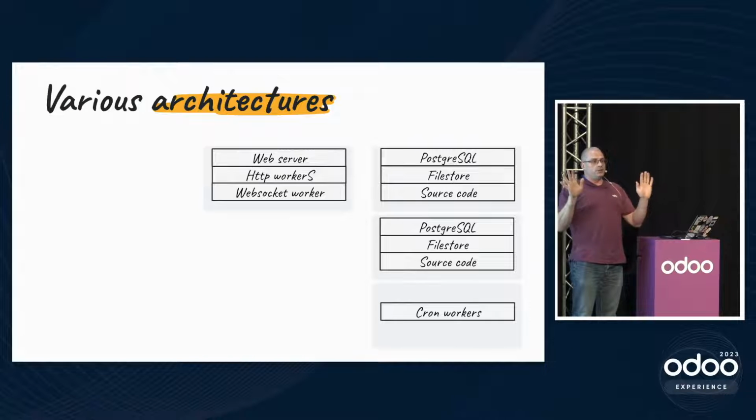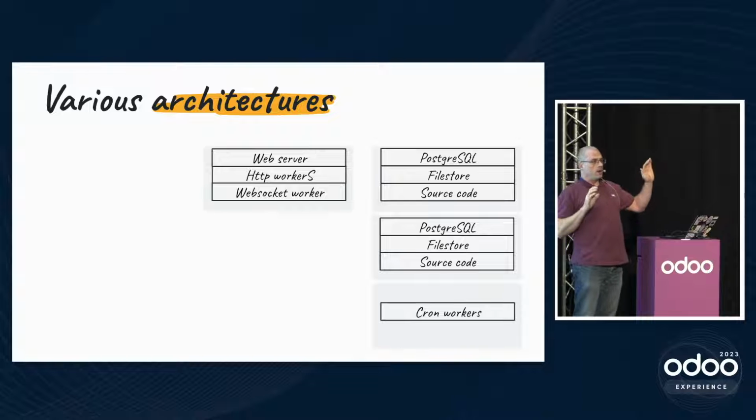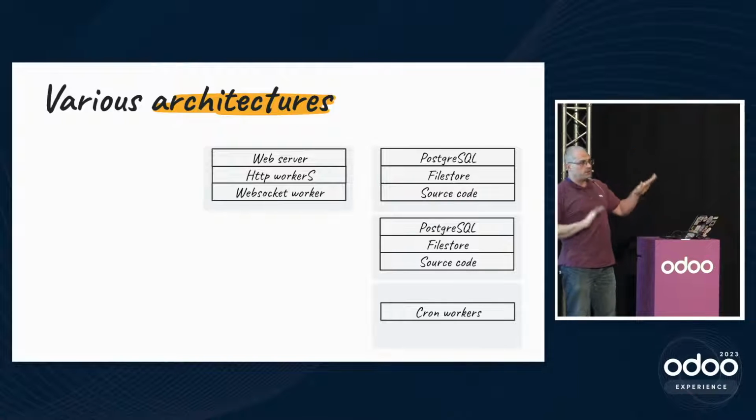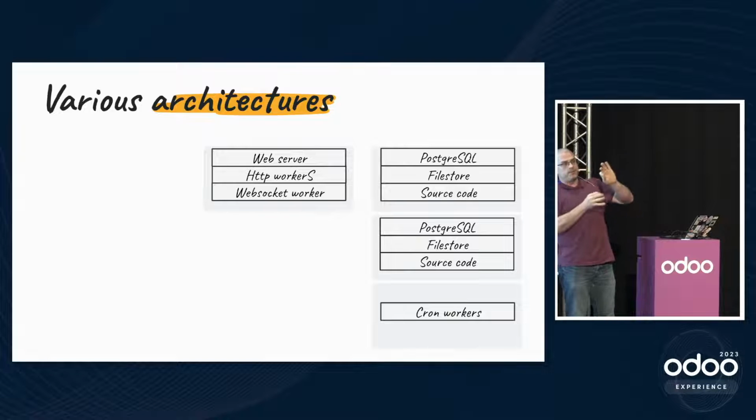If I'm using multiple machines to run Odoo code, I must ensure that each machine is running the same version of the code. And by same version of the code, I mean the same timestamp on each file.